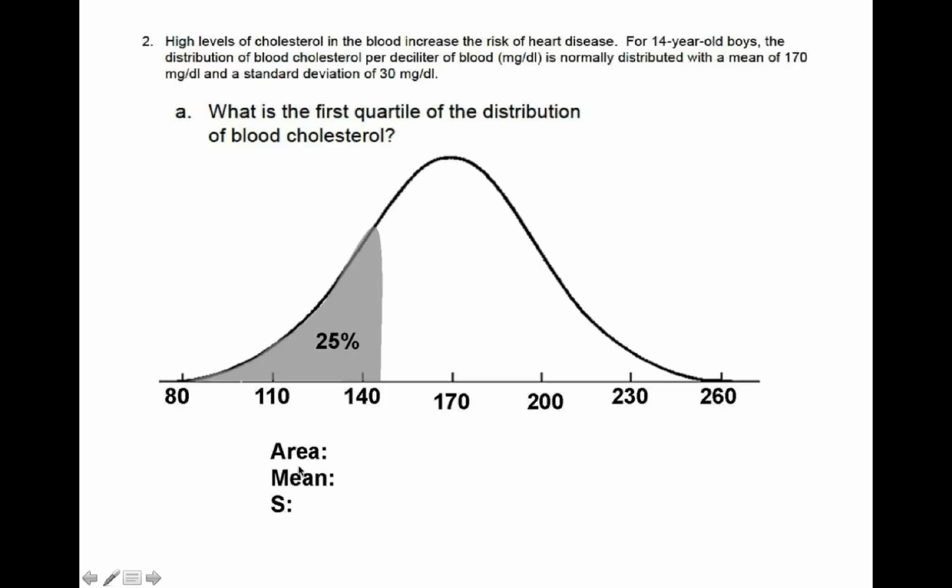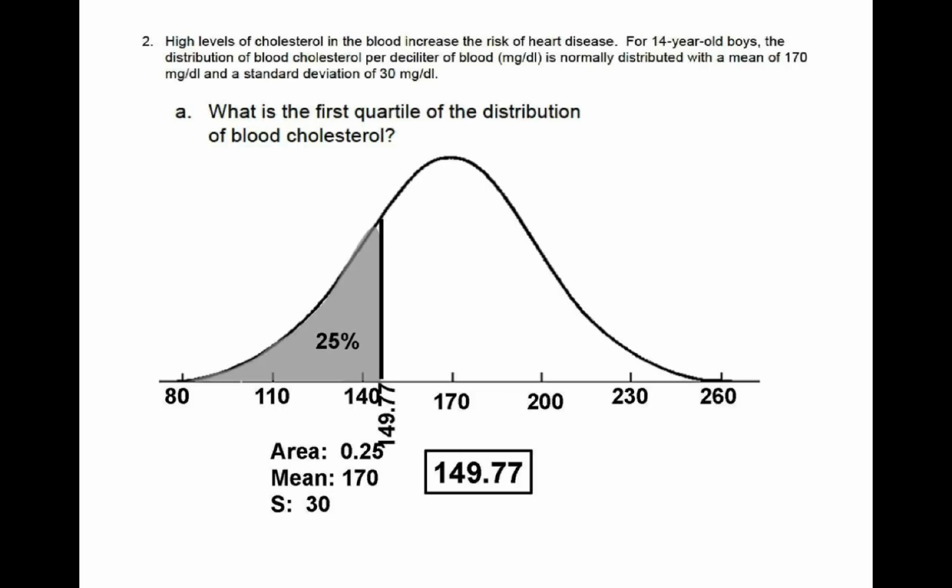So you do the area, the mean, and the standard deviation. The area below the number you're trying to find is 0.25. The mean is 170. The standard deviation was 30. You type it in, you should get 149.77, and you should mark it in your picture.